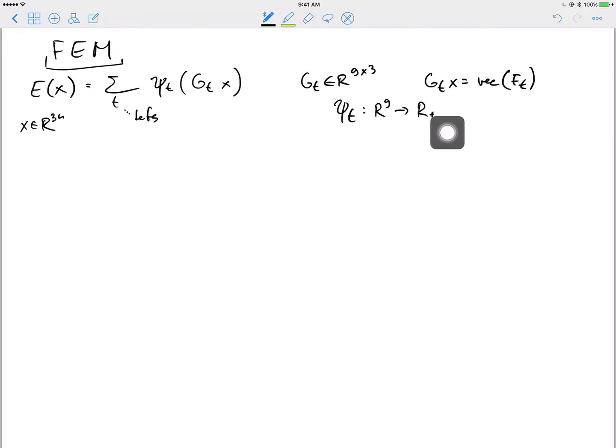That's what I mean by this plus. It cannot be negative. You can interpret it as the amount of stored potential energy due to the deformation corresponding to the deformation gradient.